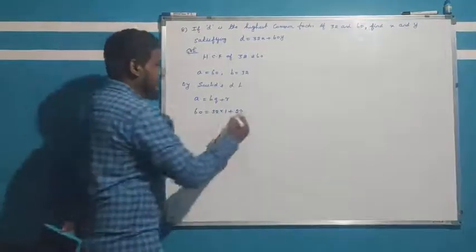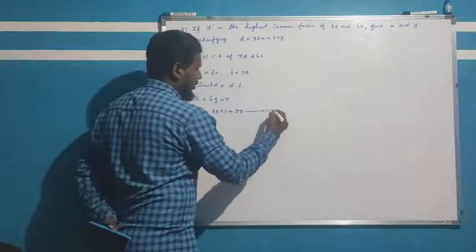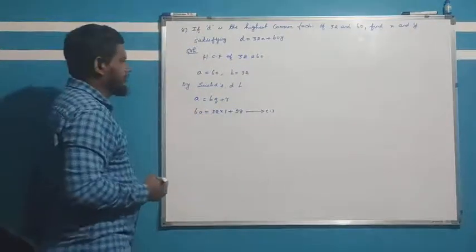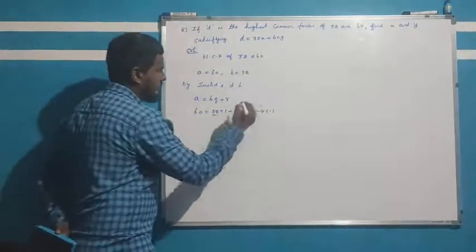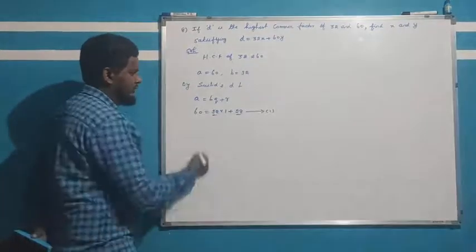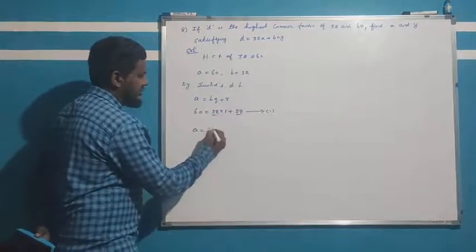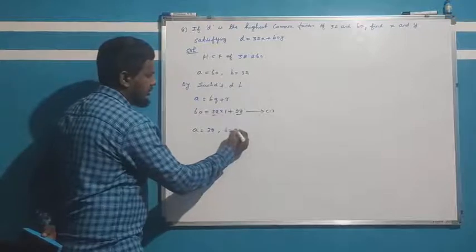We consider this equation number 1. Now these two values we consider: A equal to 32, B is equal to 28.